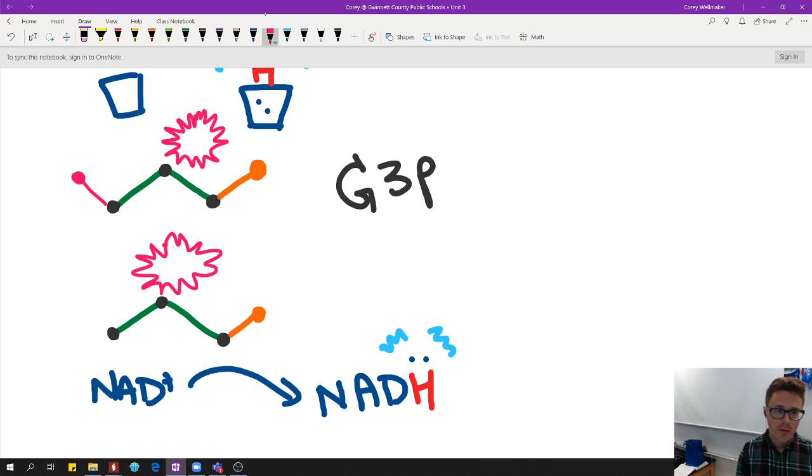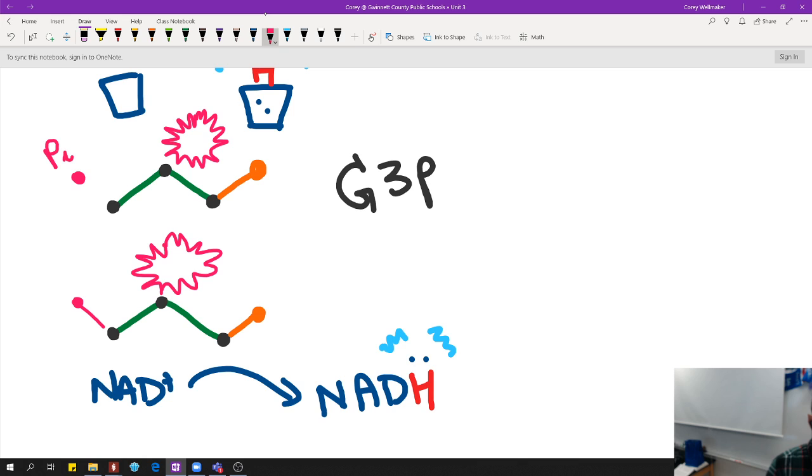This is super important. Adding another phosphate onto G3P is not a favorable reaction. It is non-spontaneous. So if you want to stick another phosphate onto G3P, you need some sort of energy input to drive that reaction. This is where the energy is coming from. It's coming from the oxidation of G3P. So when G3P loses these high energy electrons, a little pop of energy is released. An enzyme is going to capture that energy and use that to attach an inorganic phosphate onto G3P.